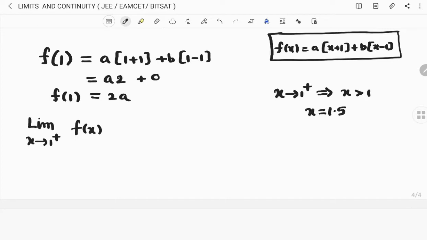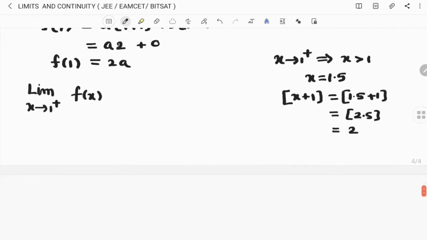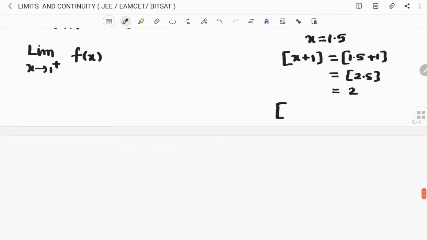So whenever x is 1.5, now we will find the values of step of x plus 1. So 1.5 plus 1 is step of 2.5, and step of 2.5 is 2. Similarly, step of x minus 1 is step of 1.5 minus 1, which is step of 0.5, so step of 0.5 equal to 0.